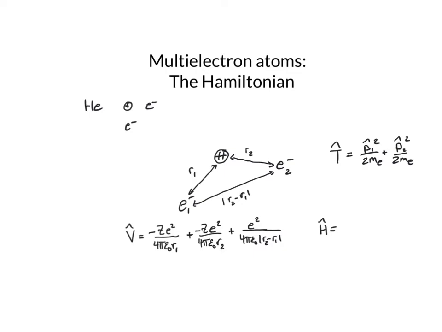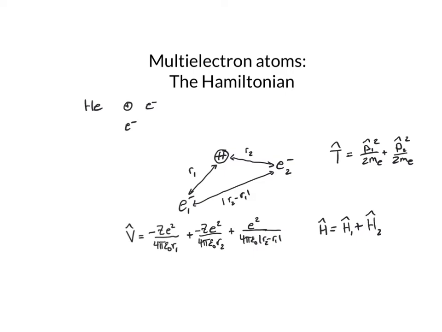So we're going to combine those 2 terms and call that H hat 1. That's the regular potential and kinetic energy for electron 1 relative to the nucleus. Plus, we have a term for the kinetic energy of electron 2 and the potential energy of electron 2, the attractive potential with the nucleus, which is exactly like our hydrogen atom potential. So we're going to call that H hat 2.